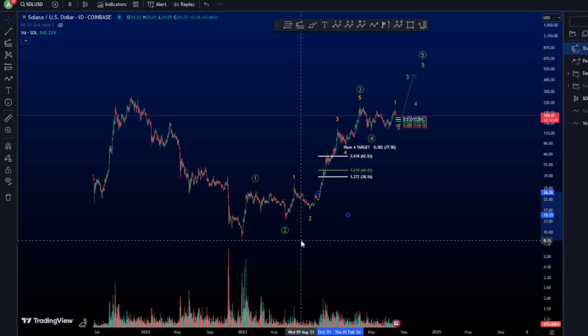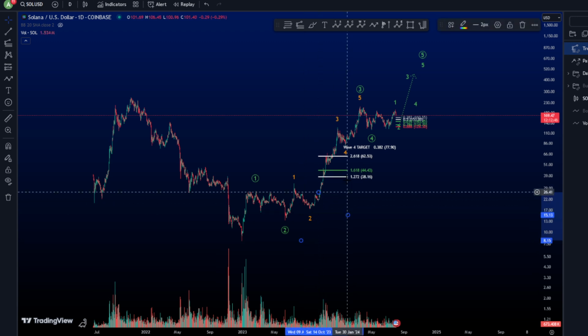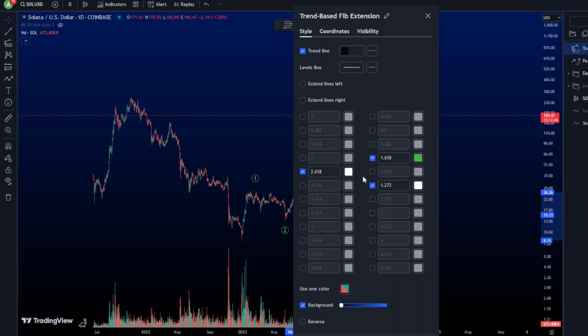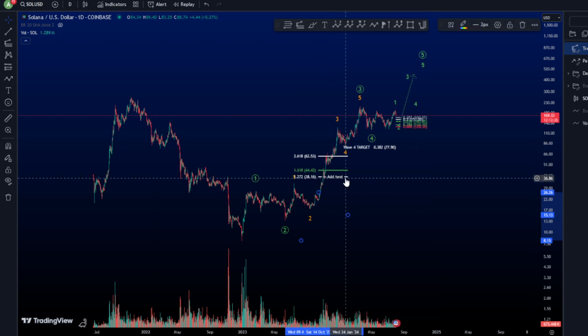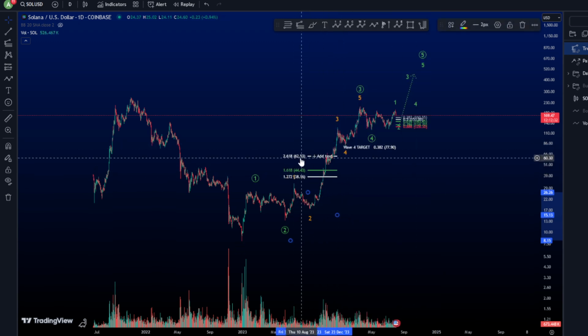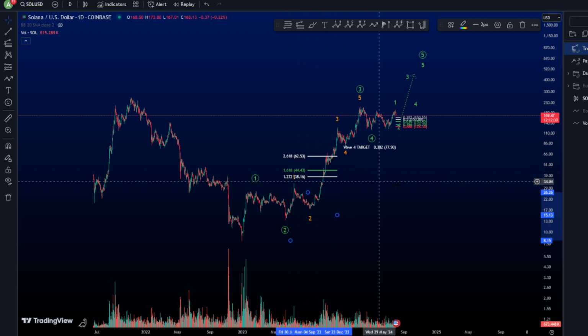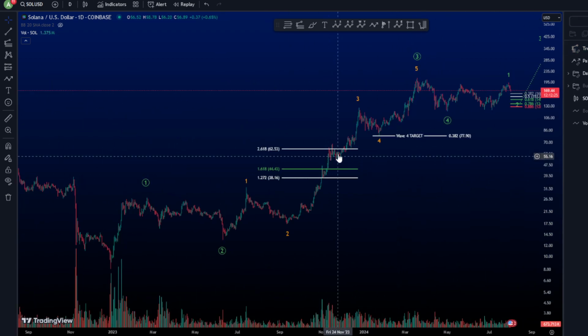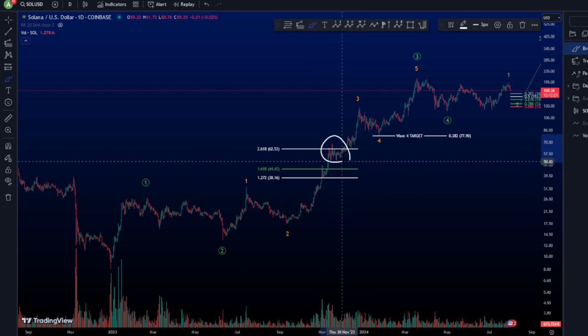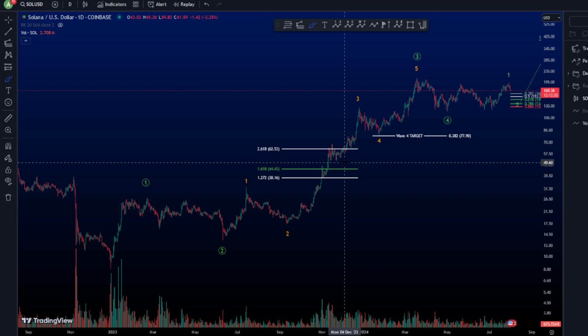What I mean by an extended wave 3 is that when we reach over the 2.618 fib level for an impulse, here we go. As you can see, this impulse in green has already passed the 2.618 here, even without any significant rejection. That's insane. This is a very good signal for Solana, actually.